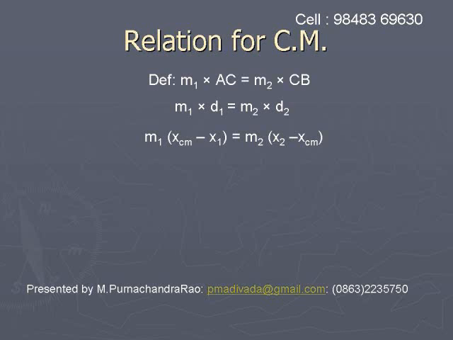Therefore, m1 into (xcm minus x1) is equal to m2 into (x2 minus xcm).